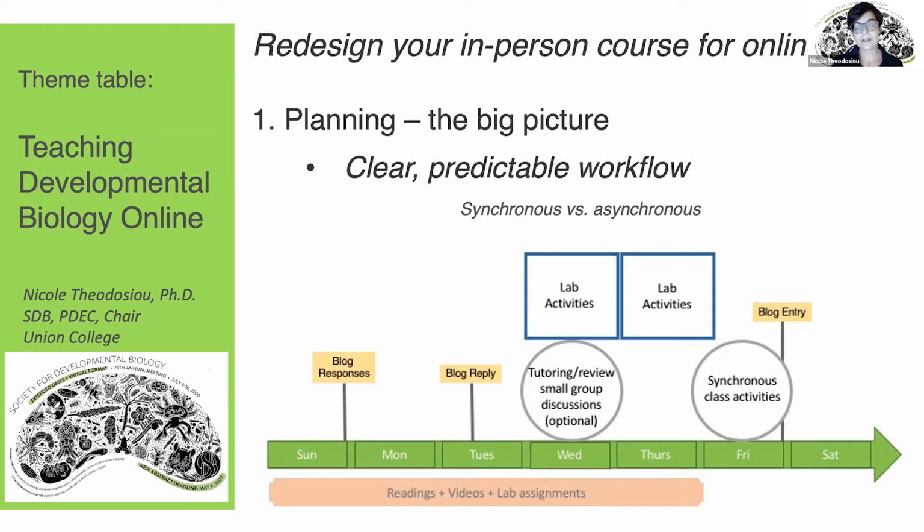So here I tried to visually show this. Again, this is really nice to have visuals for your syllabi so students can easily see what they're supposed to do when. And you can see that I have readings, watching videos, and lab assignments as sort of something that they're going to schedule on their own time on the bottom.